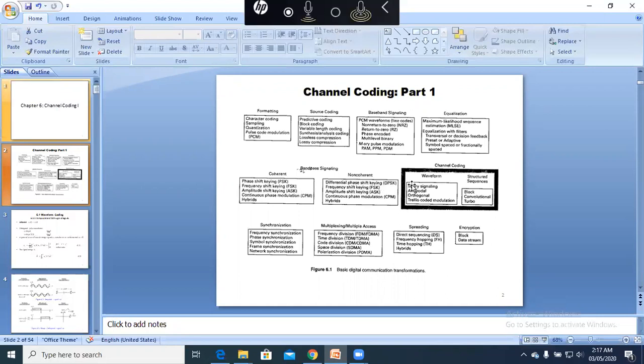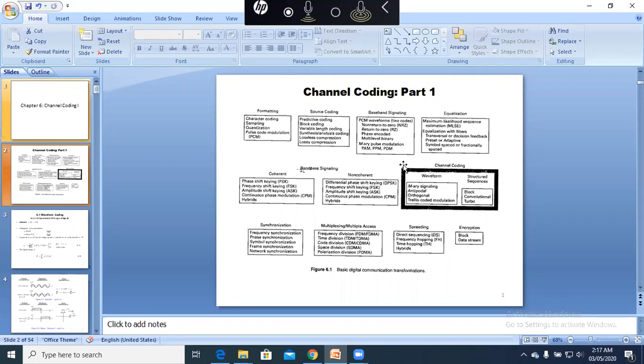The channel coding module also works with the baseband equivalent model, and then you can apply it for the bandpass model as well. So channel coding improves the error performance at the cost of increased bandwidth.